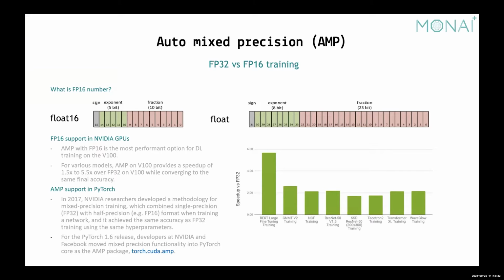It's very easy to enable AMP in a PyTorch program. At the right side of this slide, we can see the speed up when training some popular networks with AMP. I think usually it can be 2 times faster than FP32. I think this is the test on V100 GPU.